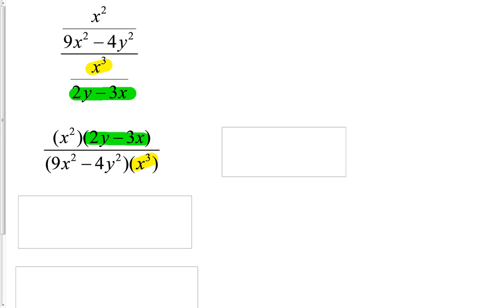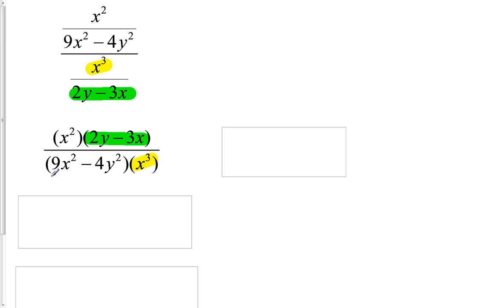Now let's see where we can do some factoring. It looks like the x squared term and this 2y minus 3x term are as factored as they can be. The x cubed is as factored as it can be, but this 9x squared minus 4y squared could use some work.